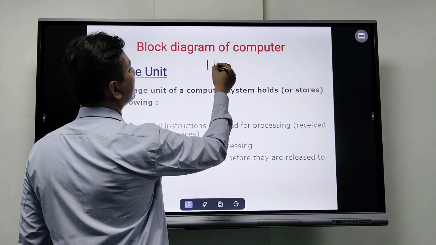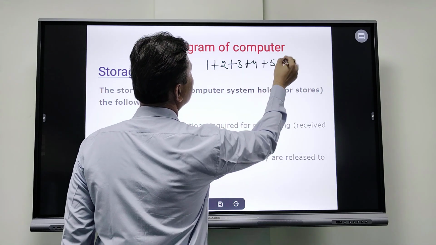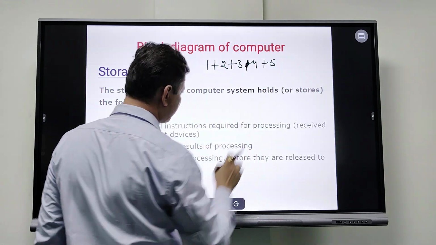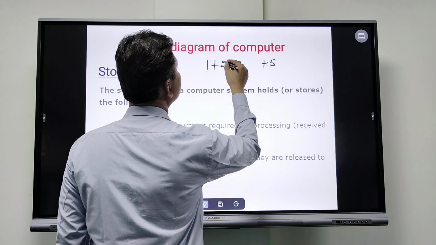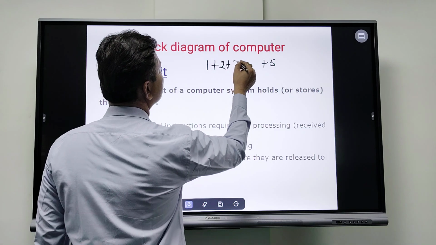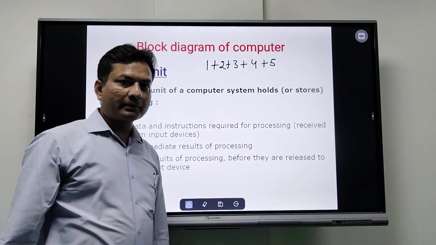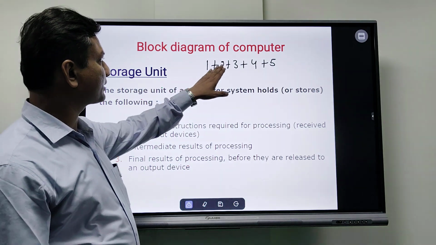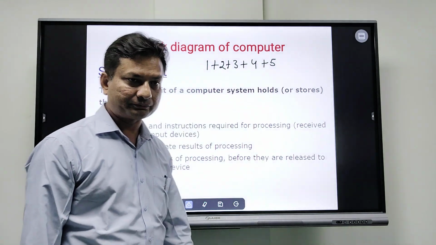Suppose you want to add 1 plus 2 plus 3 plus 4 plus 5 using the computer system. In this case, 1, 2, 3, 4 and 5 is data.